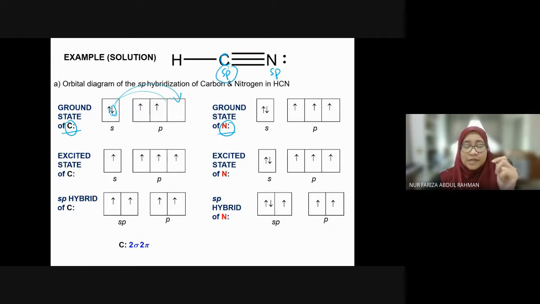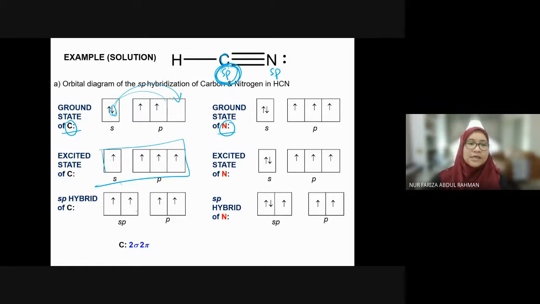That is why it is very important for you to determine the type of hybridization, because otherwise it will take all of them and become sp3. How can it form sp3 when it is sp? So sp is our reference.